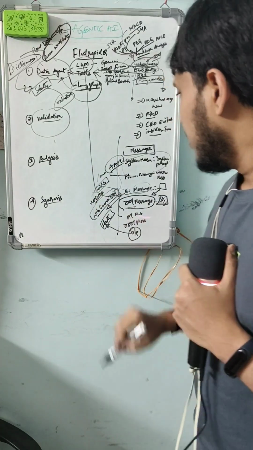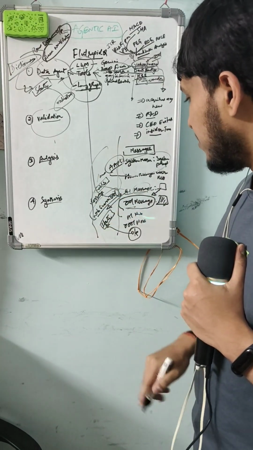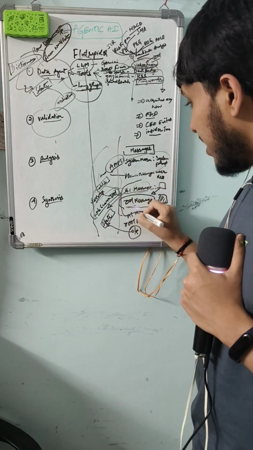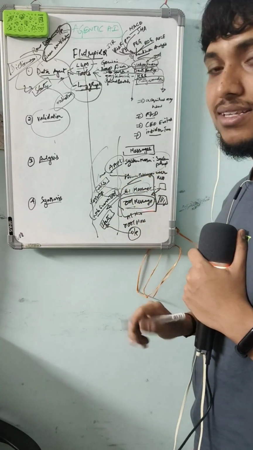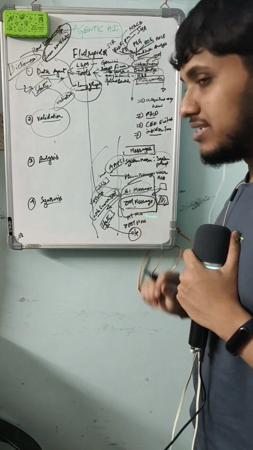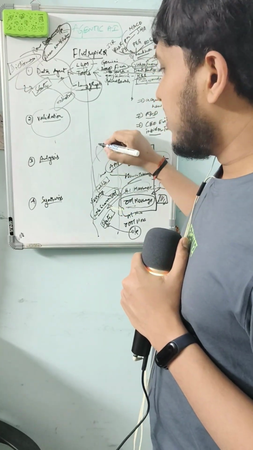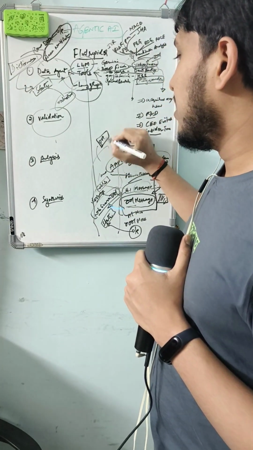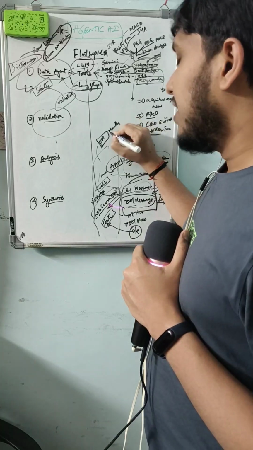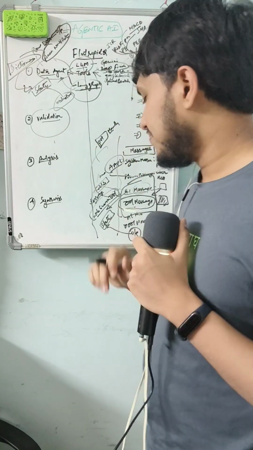And then we have the validation agent. Whatever messages are in this, we have the AI message and tool message. These AI message and tool message will be stored in the Scratchpad. Scratchpad is a private memory, specific to that agent.